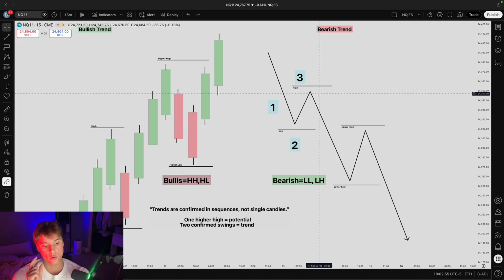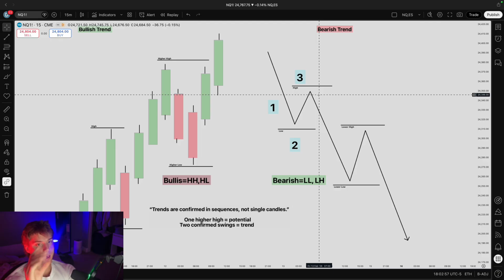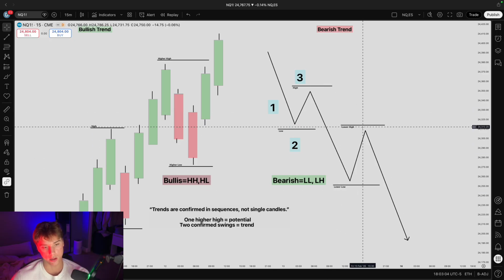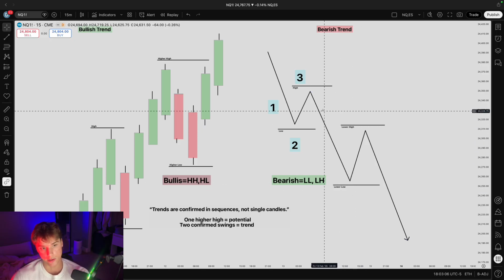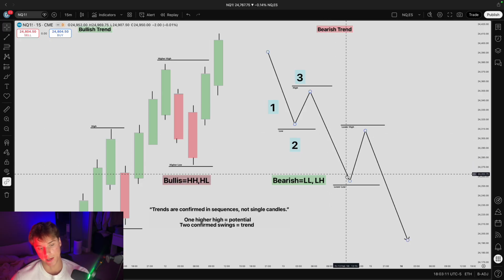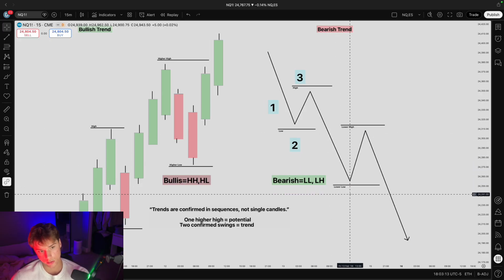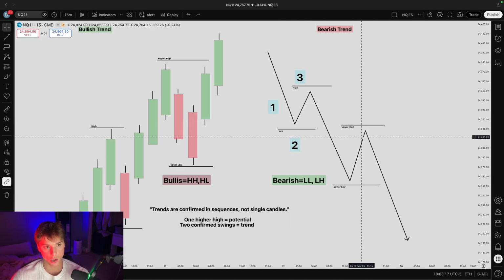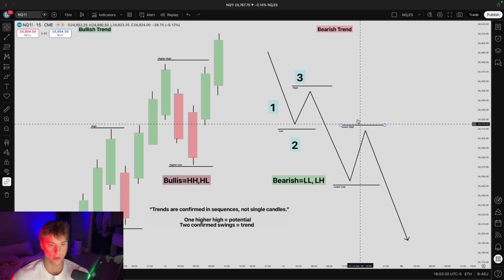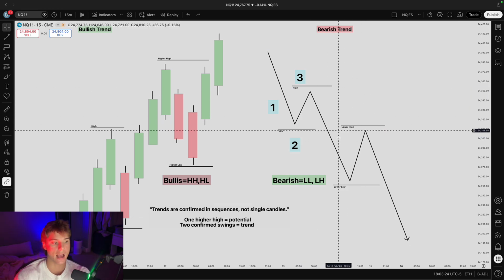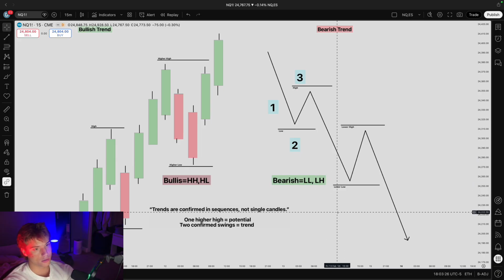And then the way that you confirm that this is a bearish trend, you are going to look for a lower low and a lower high. Meaning, you wait for price to come down, create another low, which is lower than the original low, and a secondary high, which is lower than the original high. So that is exactly how you identify trends.